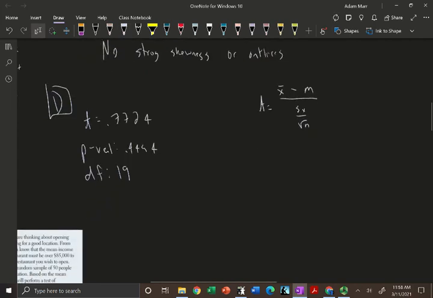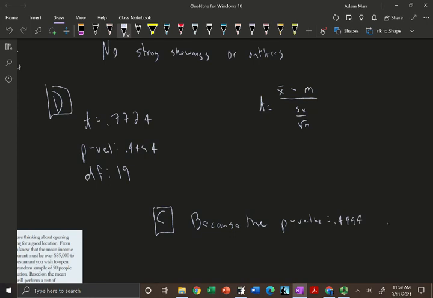All right, now we're going to go to conclude. So we're going to say right here, because the p-value equals 0.4494, which is a rather large p-value. All right, we're going to compare that to 0.05. Obviously, the p-value is high right here. So because the p-value 0.4494 is greater than alpha equals 0.05, we fail to reject the null.